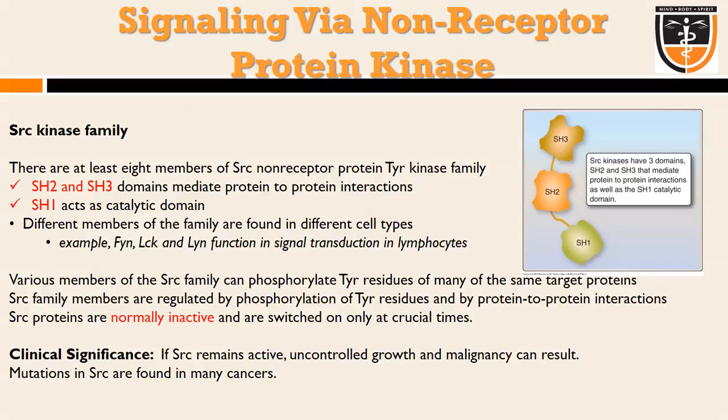Protein kinase, but specifically tyrosine kinase family. So this is how they look. They have 3 domains: SH3, SH2, and SH1. Now, if you remember what I mentioned, what will SH2 be used for? To attach and bind to the receptor. It doesn't have to be phosphorylated. They will phosphorylate it, but need to attach to it. SH1 is the actual enzyme. It's the actual tyrosine kinase.